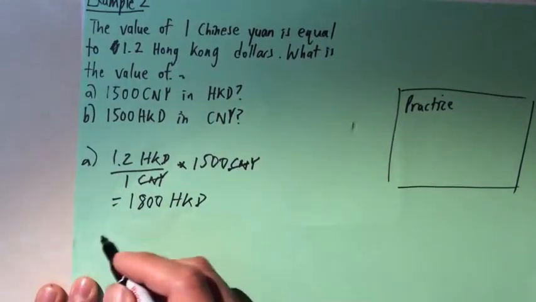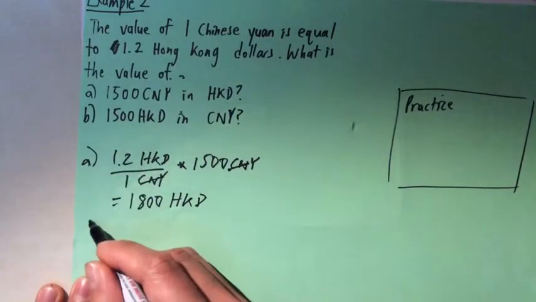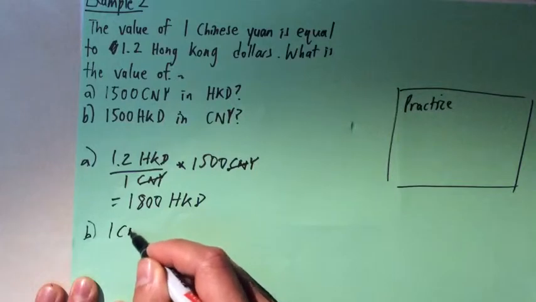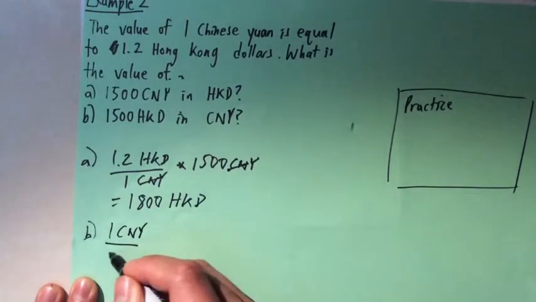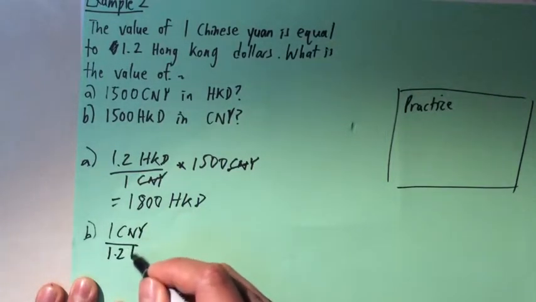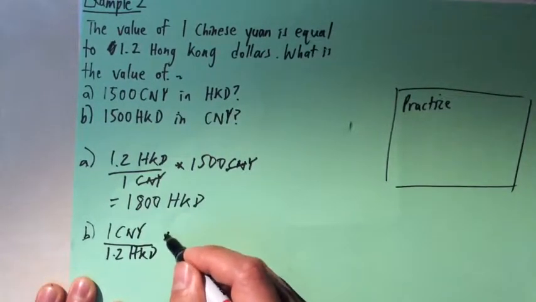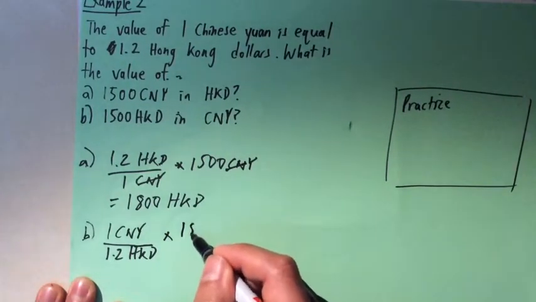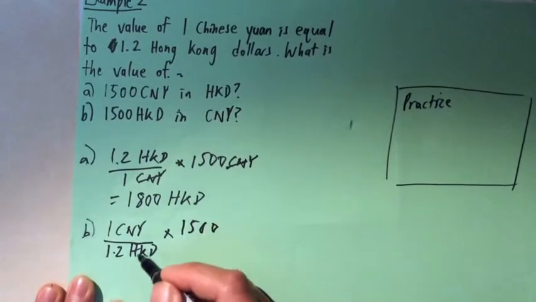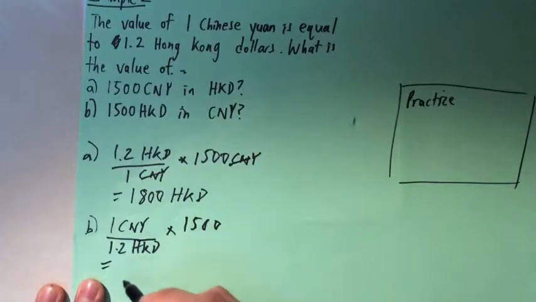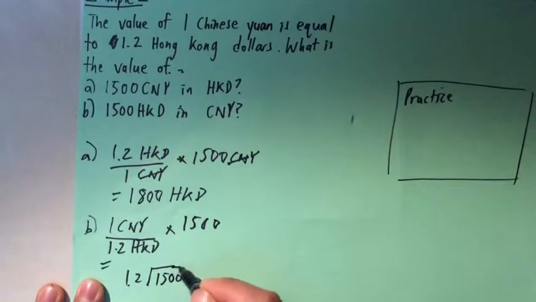Okay, now for B, it would be the other way around because the exchange rate is 1 Chinese yuan to 1.2 Hong Kong dollars. Okay, so we multiply that by 1,500. Okay, and we find that our answer should be, let's do some simple division here.